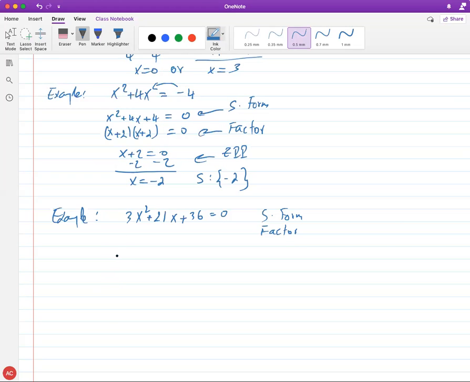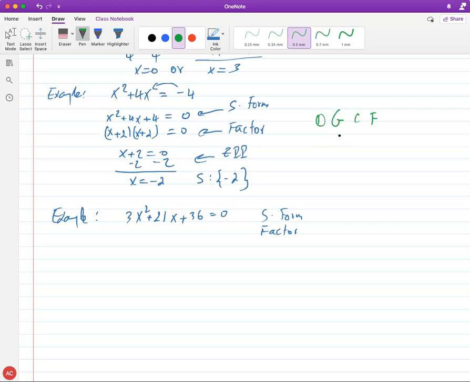With GCF. Is there a GCF? Yes, 3. Oh yeah, there is. Always look for the GCF first, that's right. We need to factor 3 as the GCF.